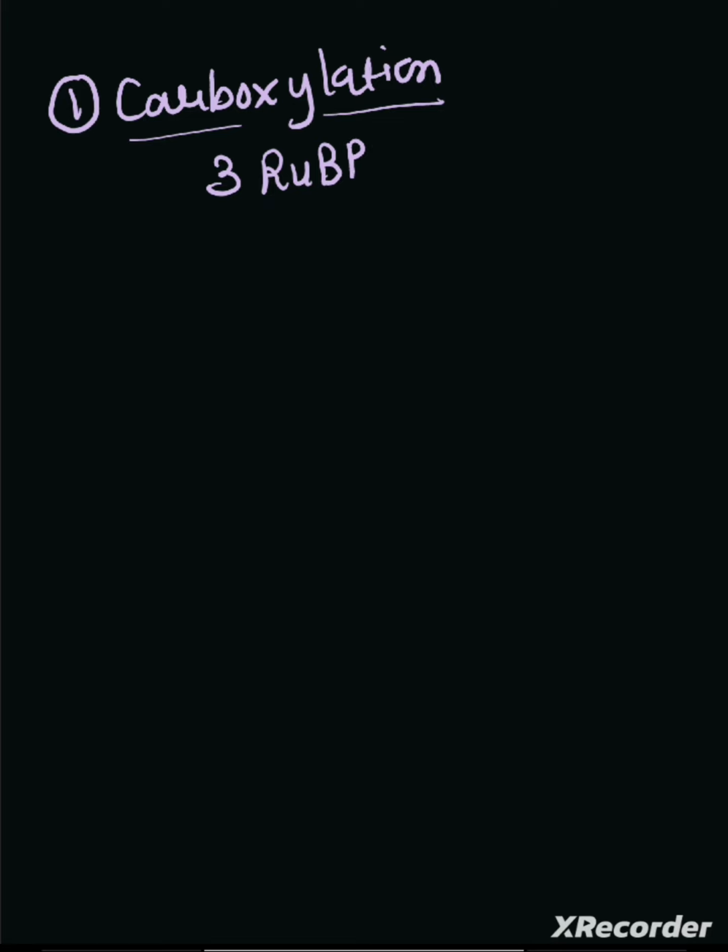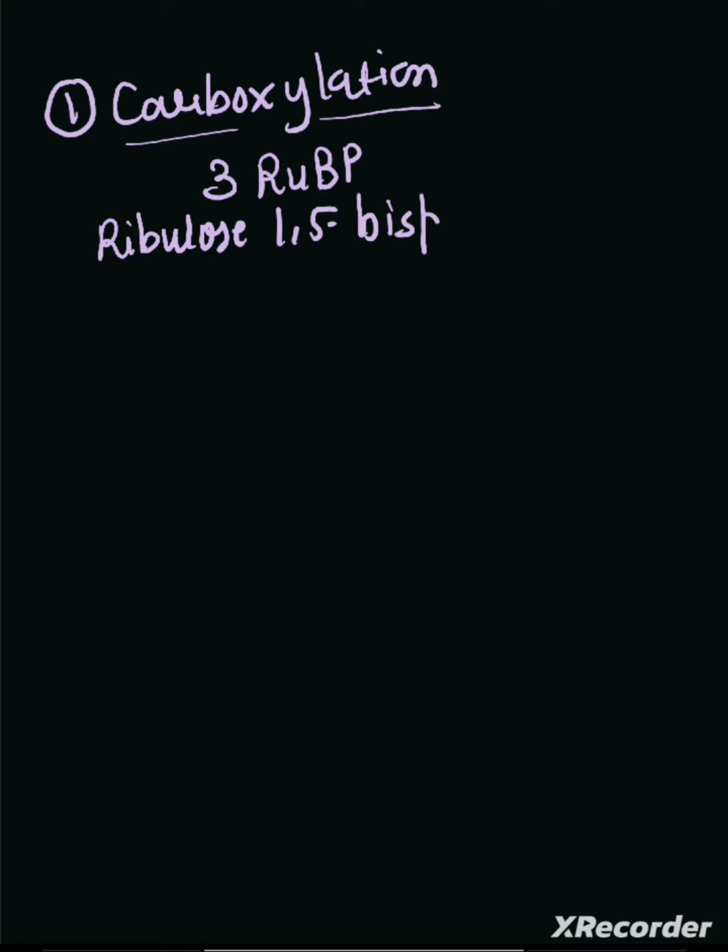Now, what is this RuBP? RuBP is nothing else but ribulose 1,5 bisphosphate. Now this ribulose is a 5-carbon compound here.